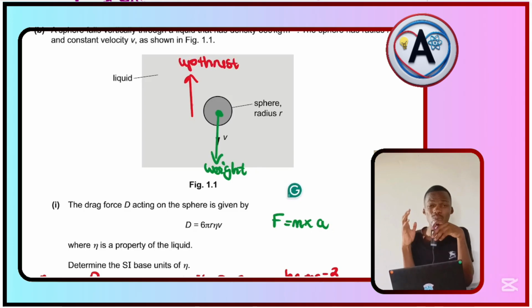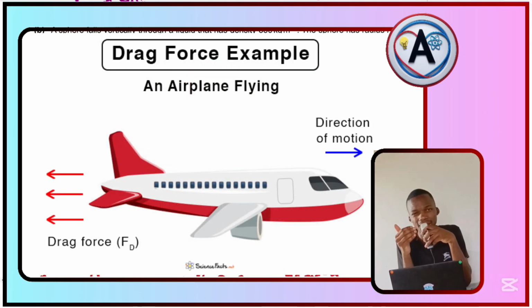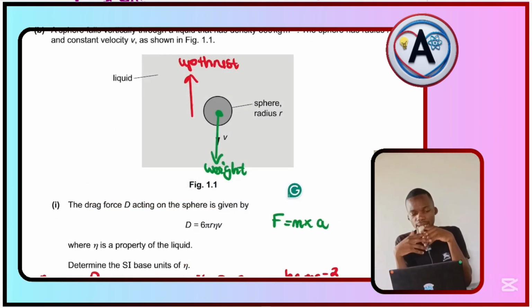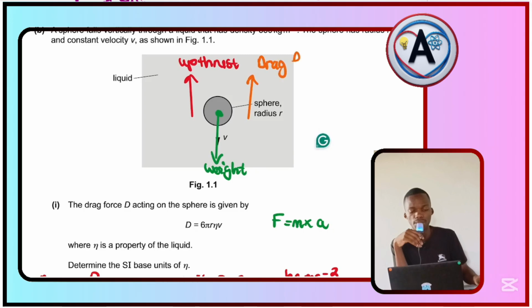Okay, so now I'm left with the drag force. The drag force basically opposes the motion of an object. It's a force that opposes the motion of an object. So the object is trying to move down, the drag force is going to oppose that, and it's going to be acting up. So upwards, that's where I'm going to experience my drag force.